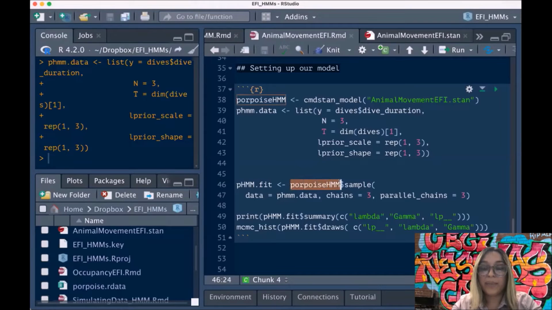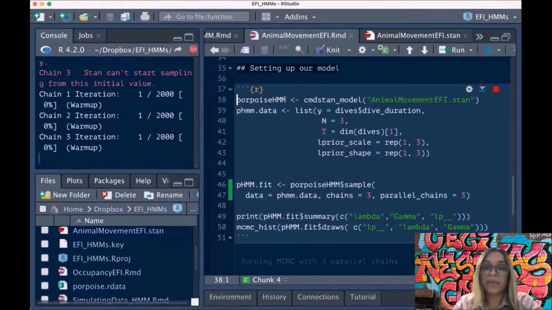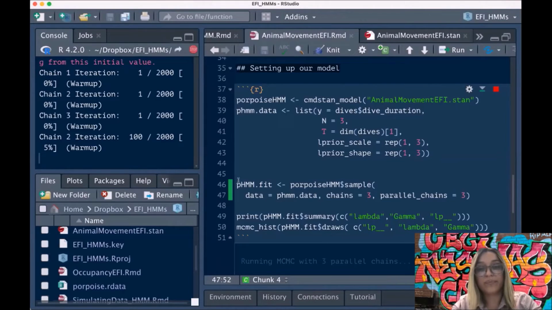And to sample from our posterior distributions, we use the porpoise HMM compiled Stan model, $sample. We give it the data, the number of chains, and the number of parallel chains. We want to sample from the posterior distribution of all our parameters in a parallel fashion.